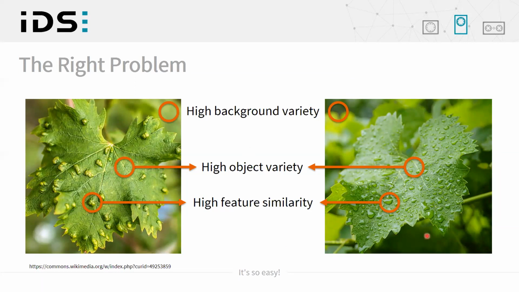And then we can have very high feature similarity. Here you have a sign of mite infestation, and here you have just a simple water droplet. That would be really hard or impossible to put in a set of rules, but deep learning can learn this implicitly and solve this problem.